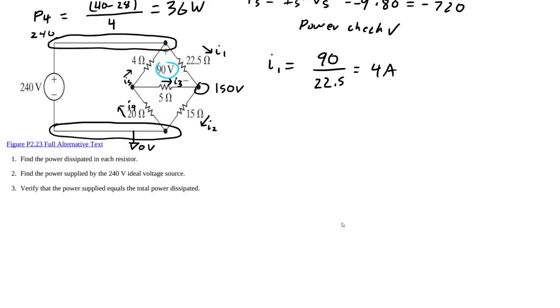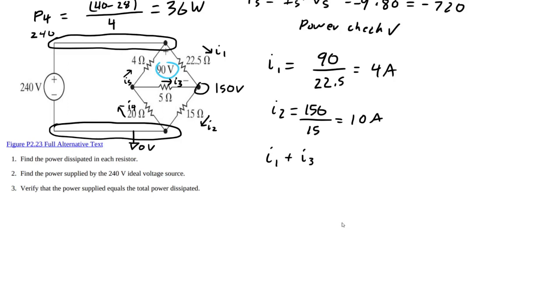Let's find I2. I2 is going to be 150 divided by 15, which is 10 amps. And then now we can do a little bit of KCL and find out I3. Let me actually do it the other way, just to be a little bit less confusing.